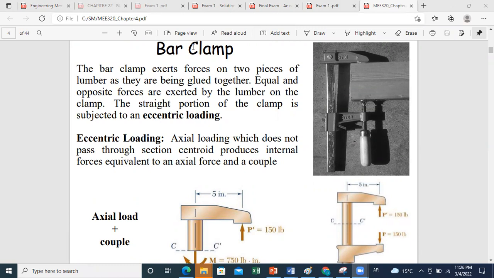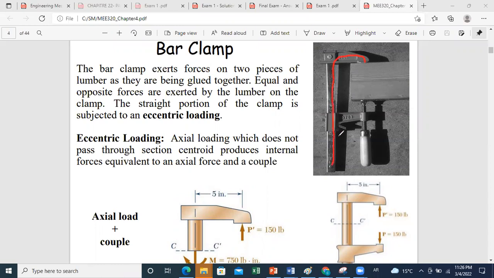Why? Because here, if you look at this figure, okay, whenever you apply pressure forces on the clamp, if we consider our clamp as the system, okay, this is our clamp.